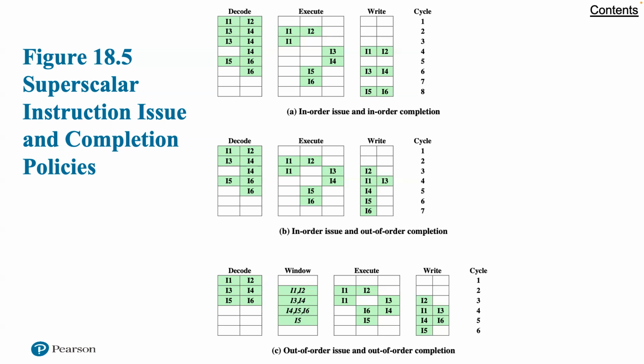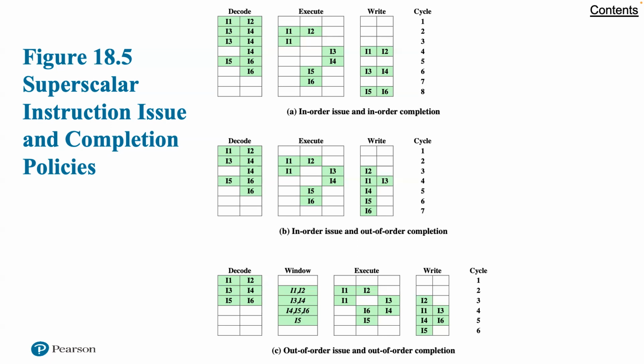Because instructions are fetched in pairs, the next 2 instructions must wait until the pair of decode pipeline stages have cleared. To guarantee in-order completion when there is a conflict for a functional unit or when a functional unit requires more than 1 cycle to generate a result, the issuing of instructions temporarily stalls. In this example, the elapsed time from decoding the first instruction to writing the last instruction is 8 cycles.